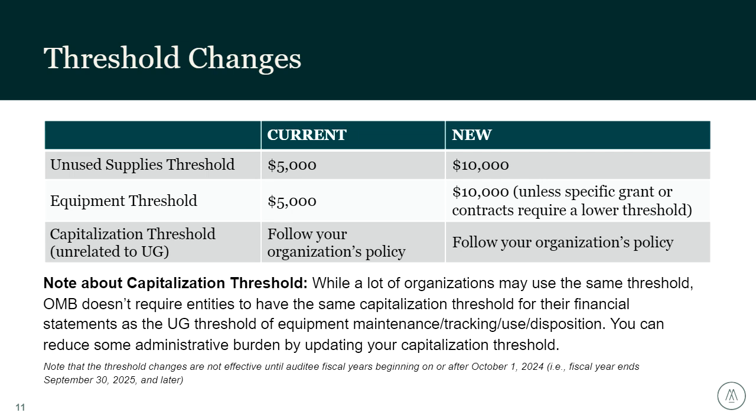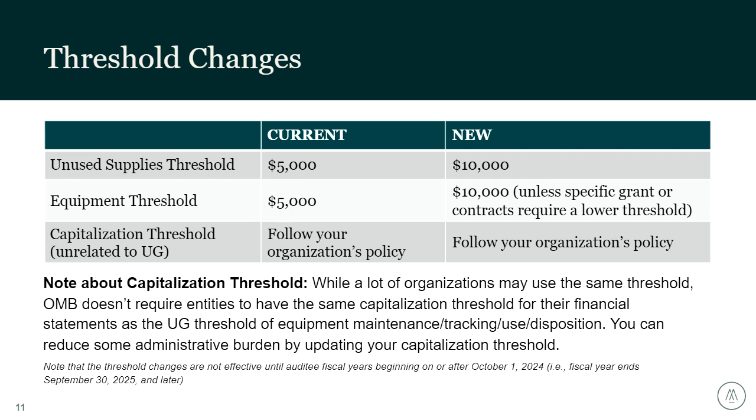I'll also say the $10,000 threshold is there unless the specific grant or contract requires a lower threshold. So keep that in mind. It's looking like, based on the information we have at this point, that the $10,000 threshold change applies on a contract or a grant by grant basis.